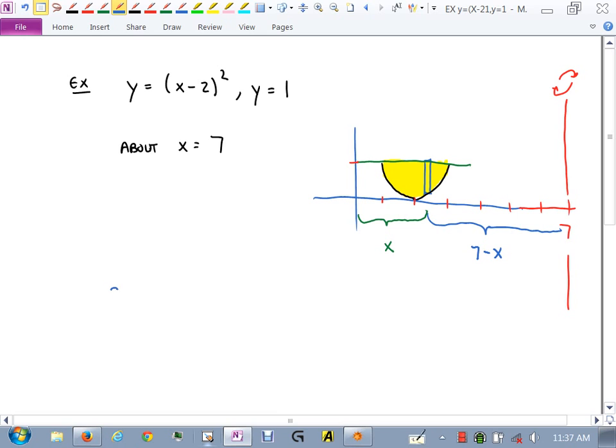The volume would be 2 pi, integral 1 to 3 again, 7 minus x, and then your top function minus your bottom function. It was not squared, but the function was squared itself, x minus 2 squared, and then dx. We're done. Now, there are problems that you could extend this to. Well, are there any questions on this? Yes?